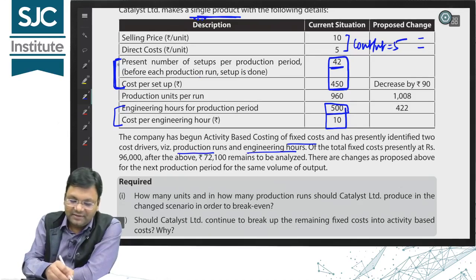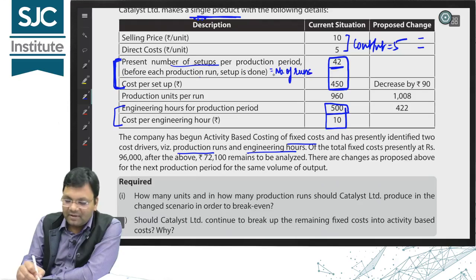Production run means number of setups. Number of runs and number of setups is the same. Don't get confused about production run with this information.